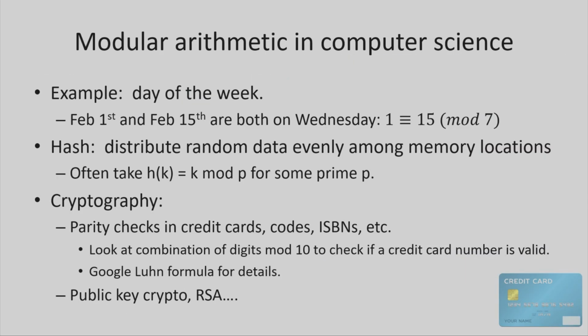So maybe you've already seen how all of this can be useful in computer science. Not only does it allow you to calculate things like whether 2 days are on the same day of the week, it's useful for some very important data structures that you will see later on, probably in 2002.